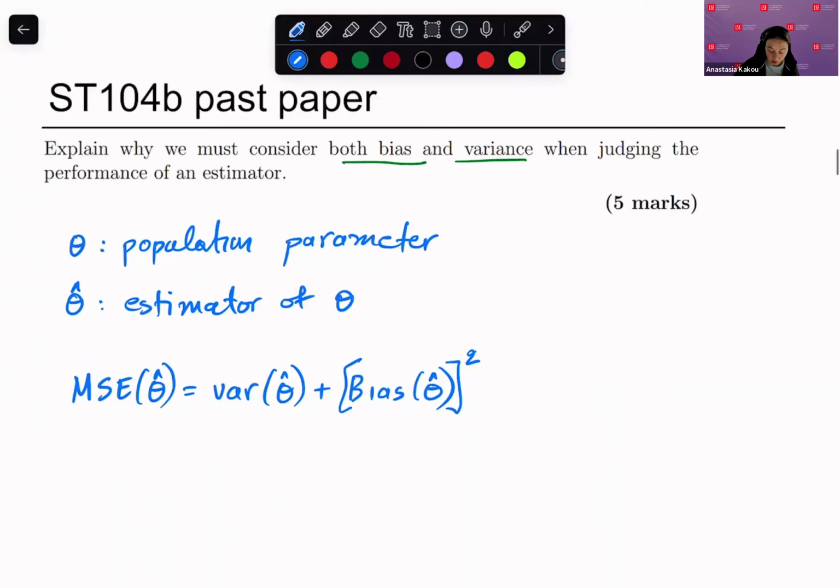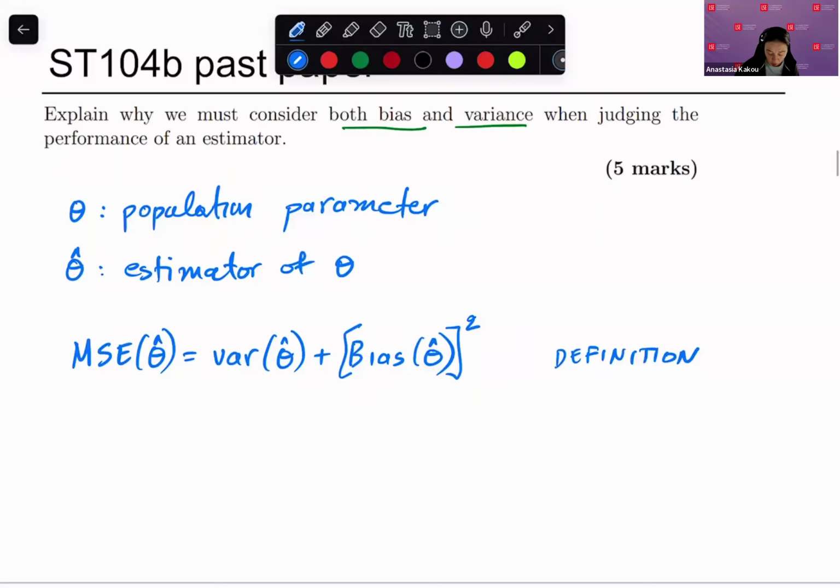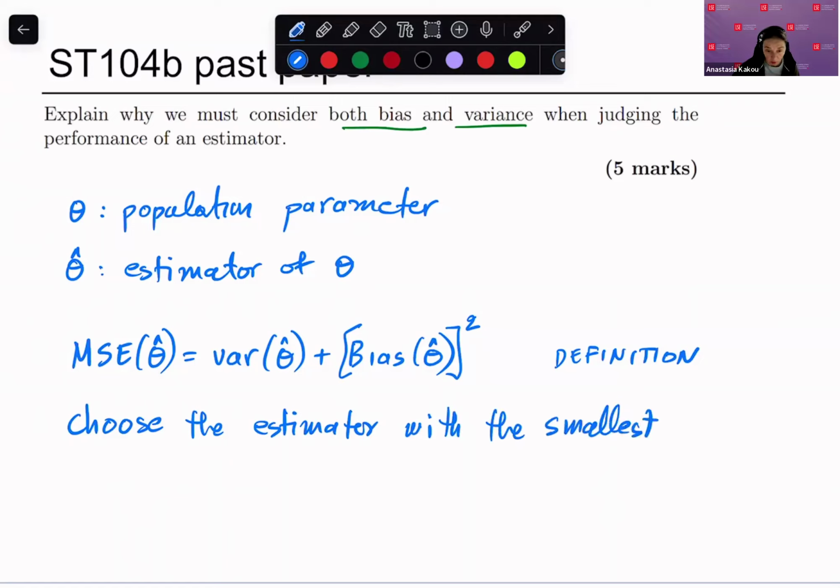So this is the definition. So we choose the estimator with the smallest mean square error.